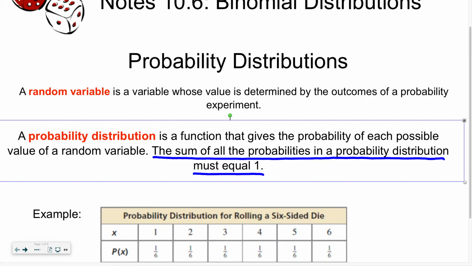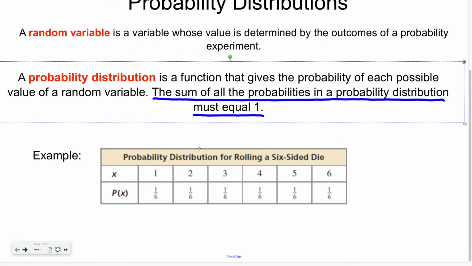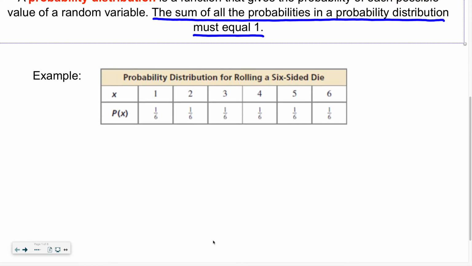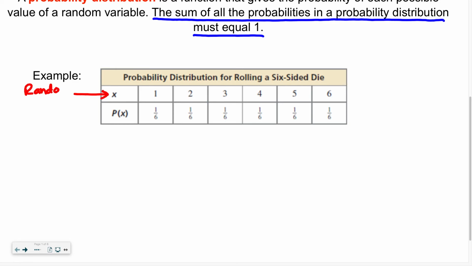Okay, so we've got an example of rolling the dice. Is that already printed all out for you, or do you have to fill it in? Okay. So this would be an example of what a probability distribution chart could look like. X, that's my random variable.